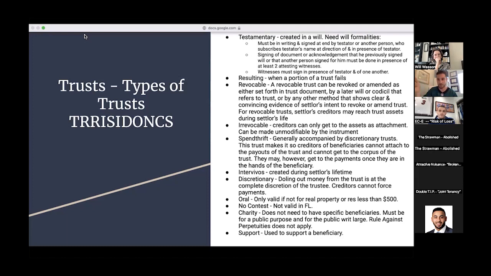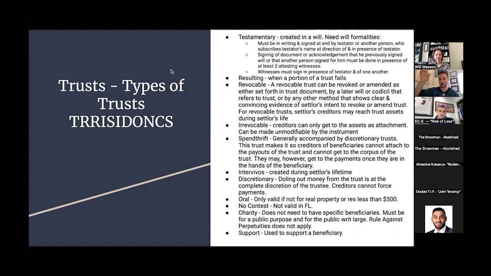Then you get to this piece. What type of trust is it? The next issue is what type of trust it is. These are all the different types of trust. This is a very quick definition of all of them. Here we likely have an irrevocable discretionary trust that has spendthrift provisions, right? You start with the umbrella. This is a word dump, but the thing about trusts is it's not that bad.